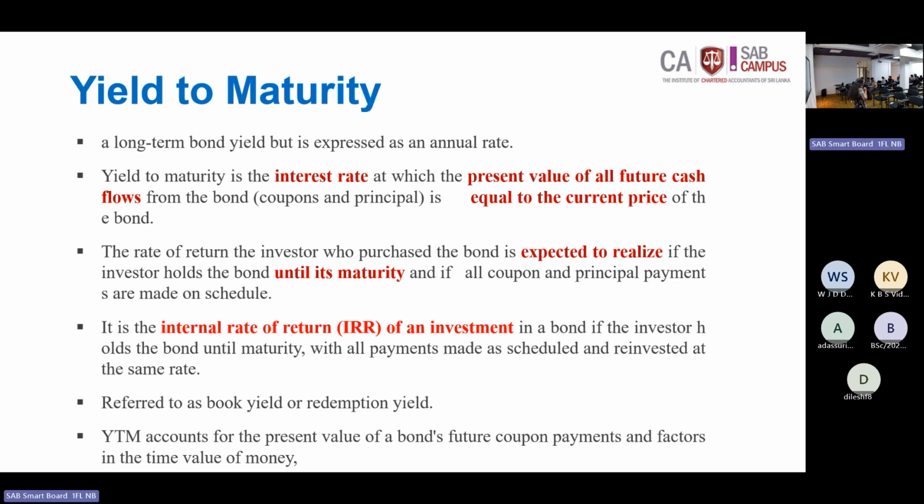Is the face value similar to the issue price? No. Definitely not. So therefore, at the end of the maturity period, we may have some capital appreciation. It is also an investor's return. Is that clear to you all?